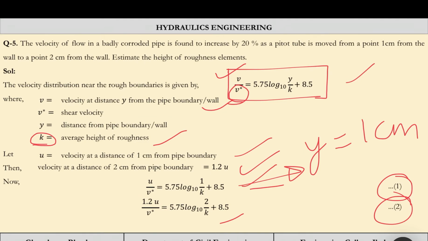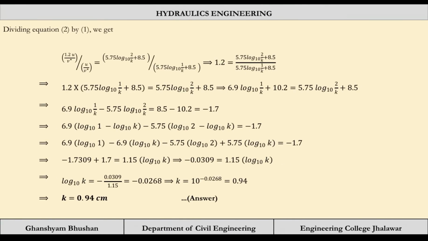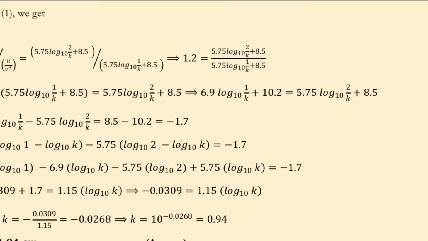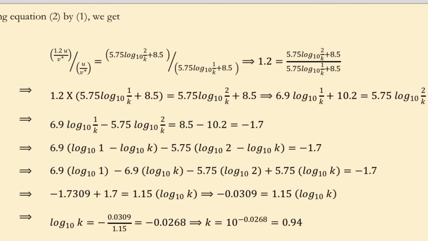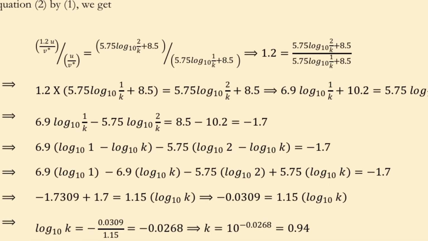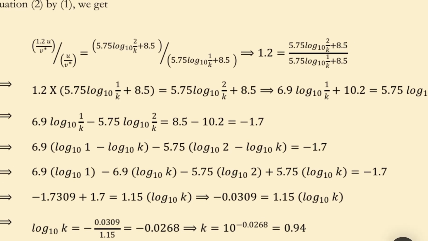So if we take the ratio of equation 1 and equation 2, u and v star will get cancelled out, and only k will be unknown, that we wanted to calculate in the starting of the question. So just take the ratio of first and second. Dividing equation 2 by 1, you can see like this 1.2, this is just simply we have divided.